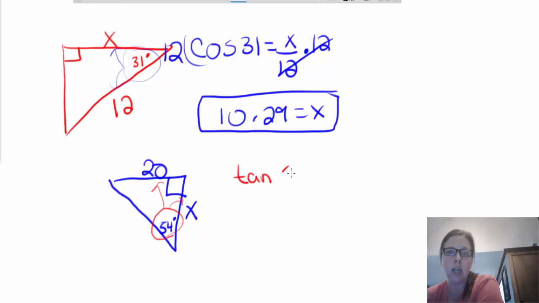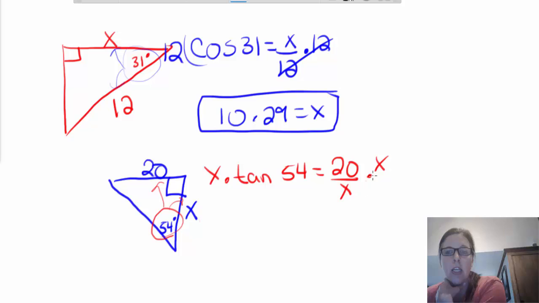So tangent of 54 equals 20 over x, opposite over adjacent. Now if these had been switched, then it would have been x over 20. So this is another one where you have to multiply by x. As long as you remember you're going to end up dividing, that's fine.